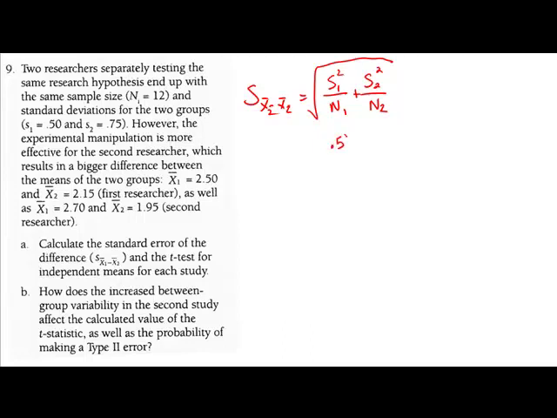S1 is 0.5 squared divided by 12 plus 0.75 squared divided by 12, square root. Grab my calculator. And so for the first study, this is 0.26.